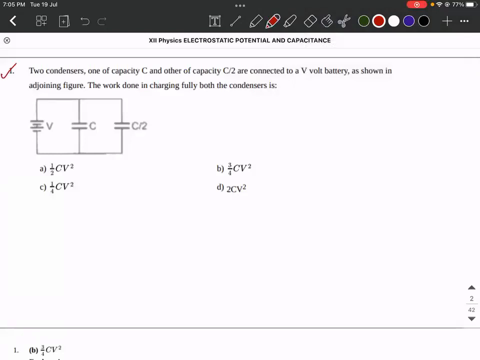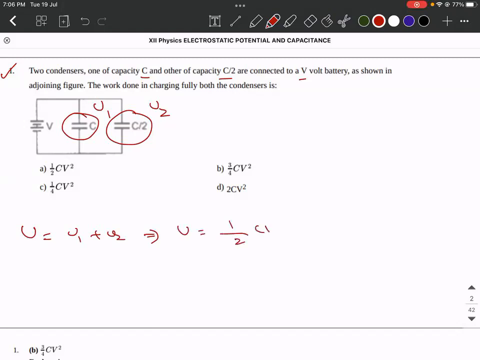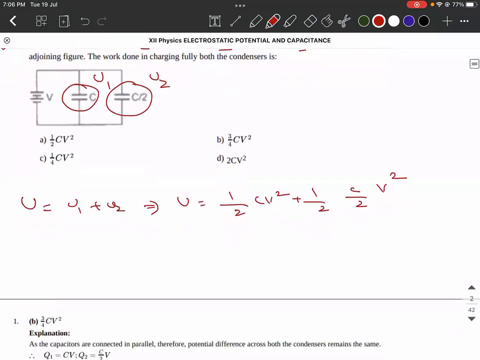Two capacitors, one of capacity C and the other of capacity C by 2, are connected to a V volt battery as shown. They are joining together. The work done in charging both the condensers fully is how much? That is energy stored in this plus energy stored in this. U is equal to U1 plus U2, which implies U is equal to half CV square plus half into C by 2 into V square.